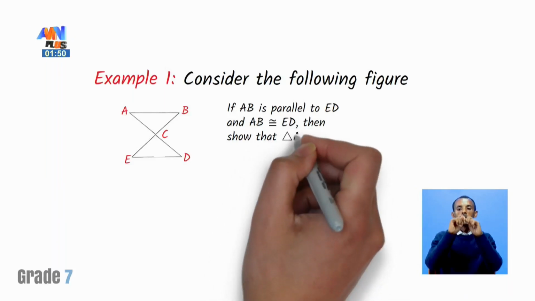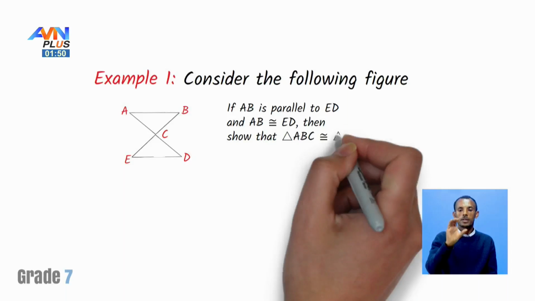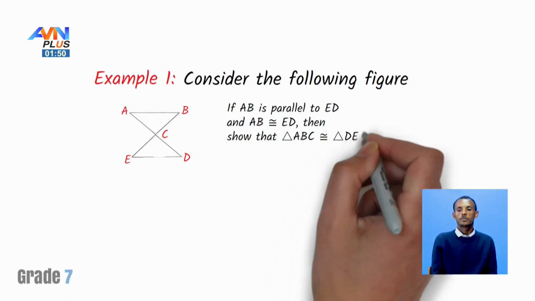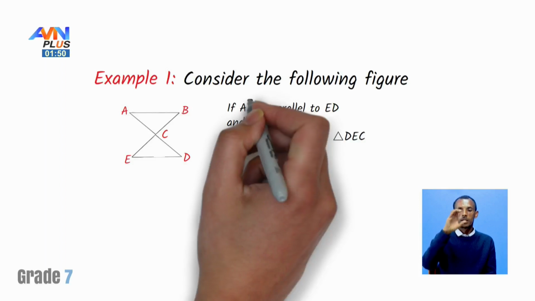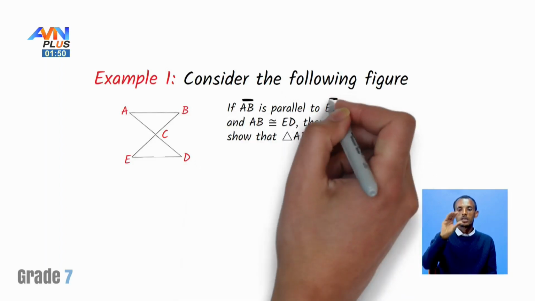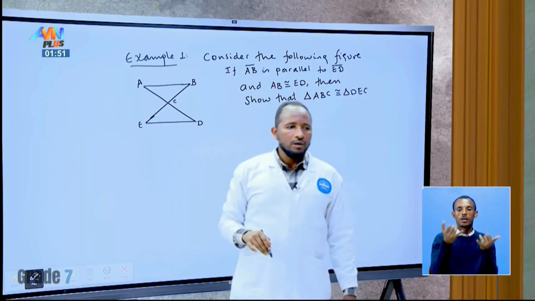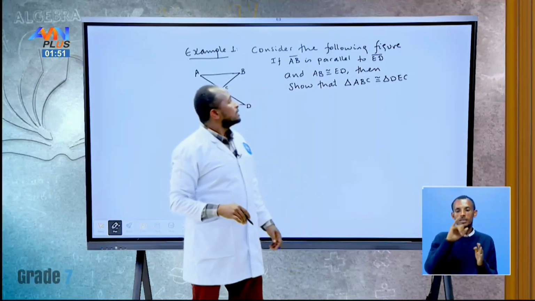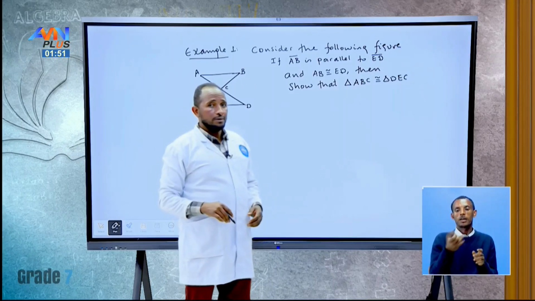triangle ABC is congruent to triangle DEC. Okay. Now let's just check, or let's do it together.